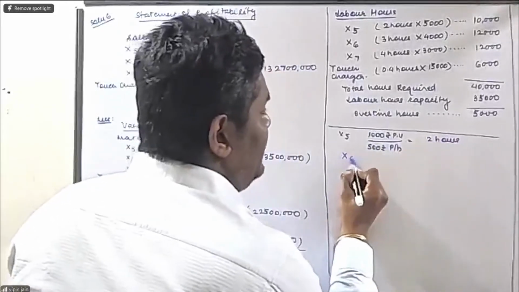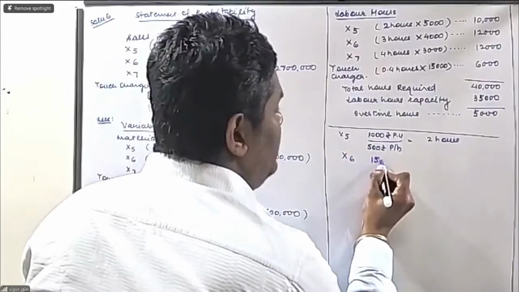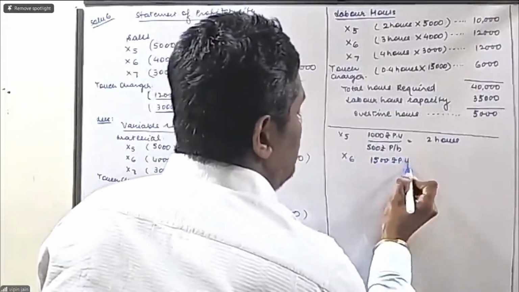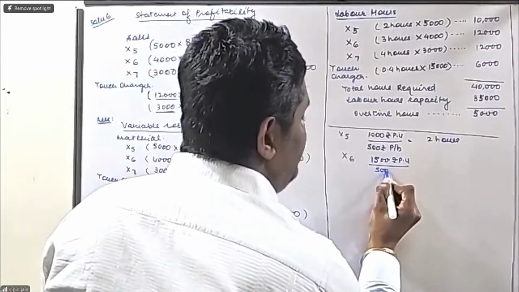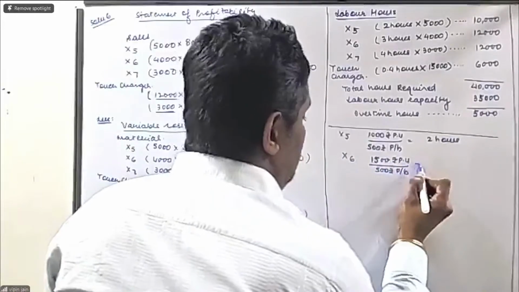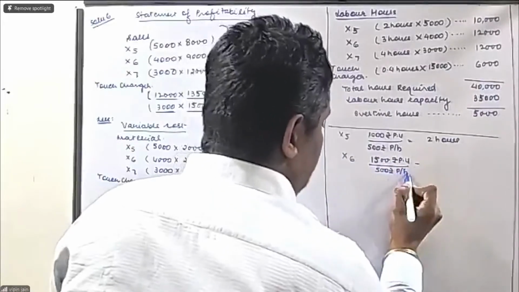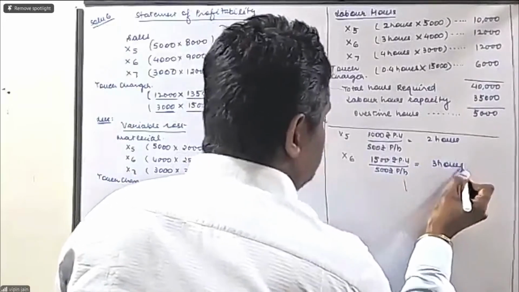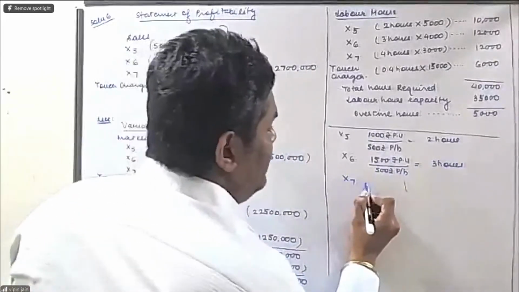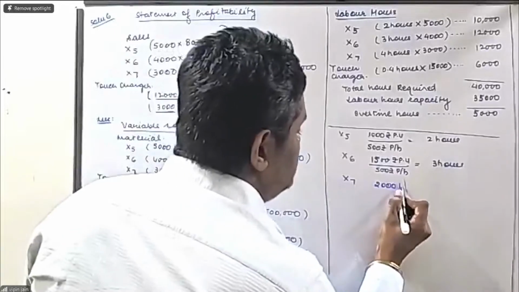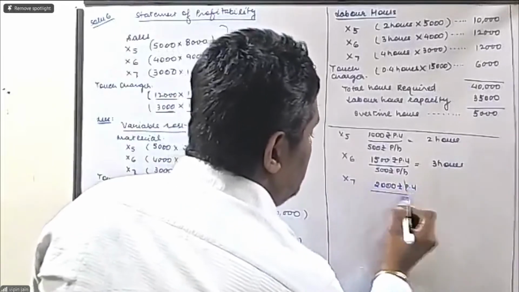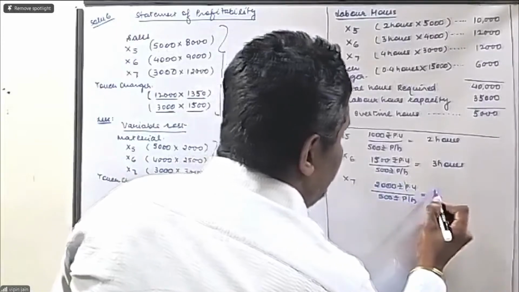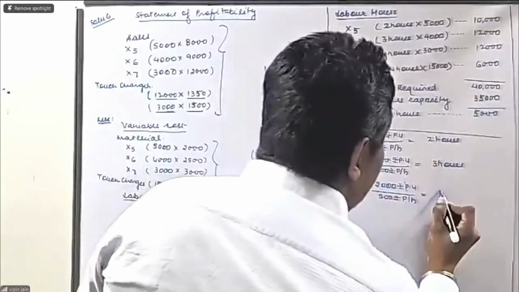For X6 again, total we are paying is 1,500 rupees per unit, and the labor cost is the same 500 rupees per hour. So how many hours? 3 hours. For X7 again, we are paying 2,000 rupees per unit divided by 500 rupees per hour. So we will get the number of hours, that is 4 hours.